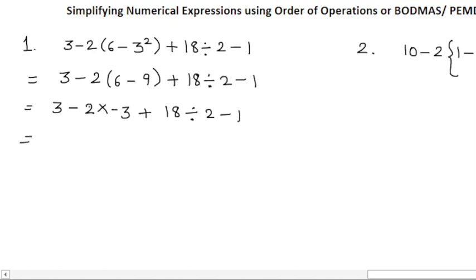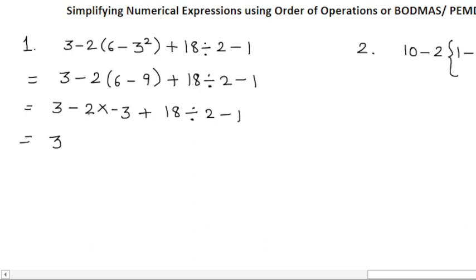We have all four signs happening here. What comes first is a division or a multiplication. So you can do both of them together because they are separated by an addition sign over here.